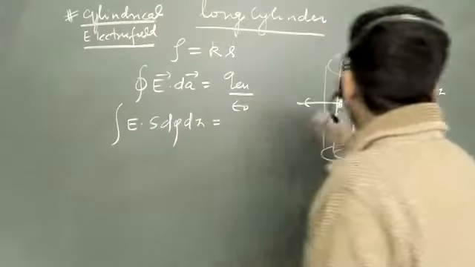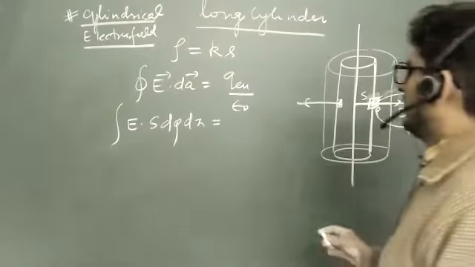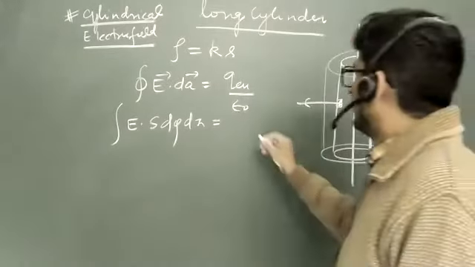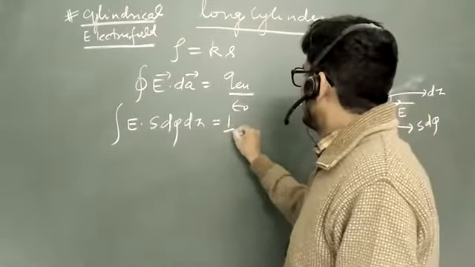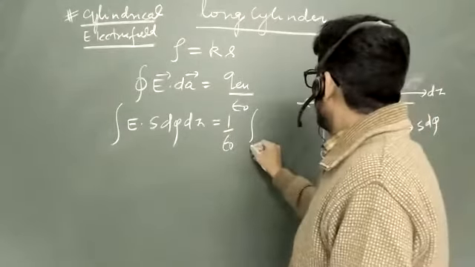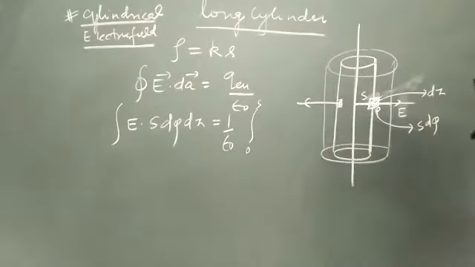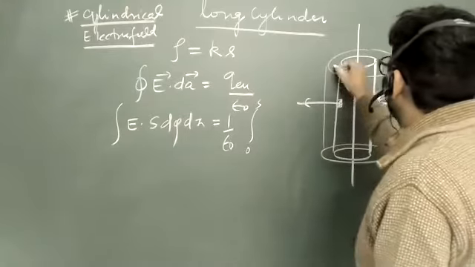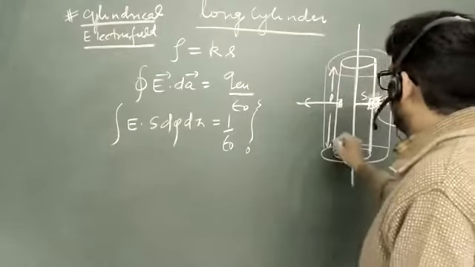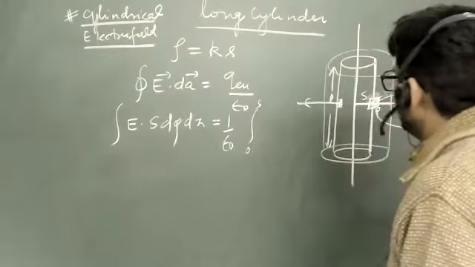And what will be charge enclosed? This time you will have to write the volume also. So the charge enclosed will be an integral from 0 to S, right? And let us take the length as some L. So what will be the charge enclosed in this?